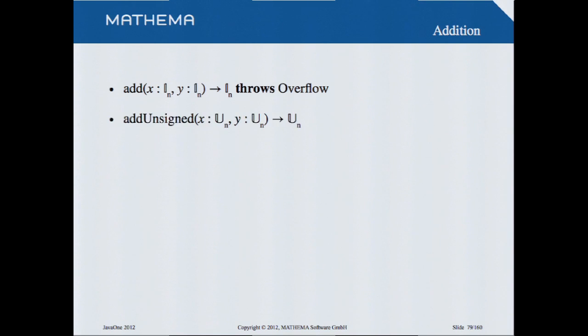Sometimes I don't want this, so I use add unsigned. The add unsigned and the add function are the same. They have only a different overflow behavior. But the unsigned will never check the overflow, because this is what we are used to. If we deal with unsigned things, then they will wrap around. It's fine.